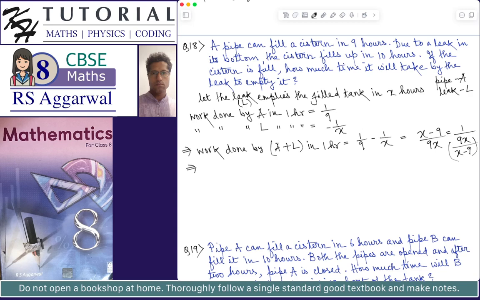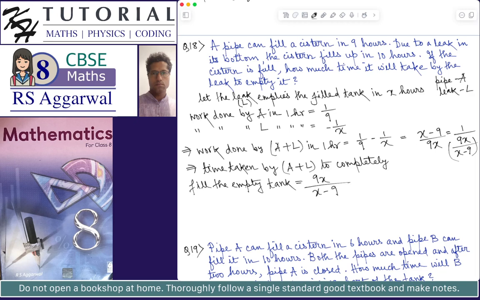From the fact that work done by A plus L in 1 hour is 1 by (9x by (x minus 9)), we can say that the time taken by A plus L to completely fill the empty tank will be equal to 9x by (x minus 9).